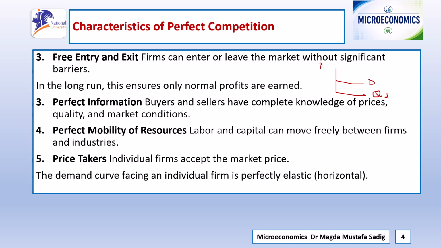Why is the firm's demand curve horizontal? Because it comes from the industry. This is the price in the market for the whole number of firms, and this is the quantity demanded. This is the supply curve, and this is the price taken from the market, and this is the demand curve for all firms in the market.